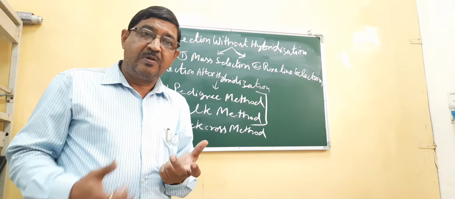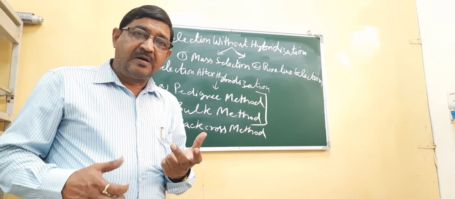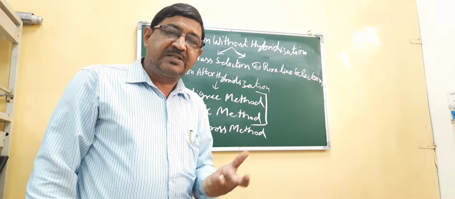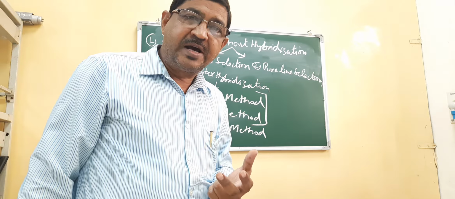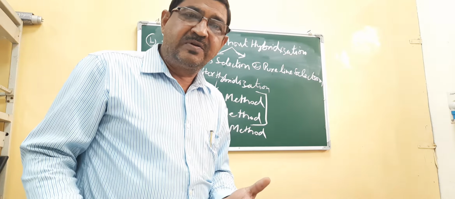Say for example, in case of rice, this MTU 7029, which is known as Sonda, is the highest yielding variety.